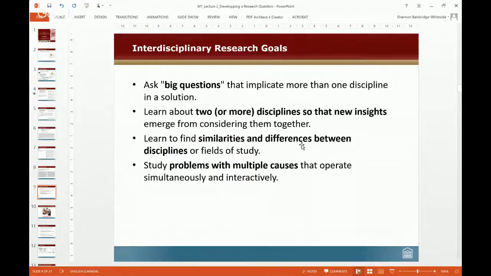So interdisciplinary research has lots of goals. If it's done right, it can be highly successful. That's because it allows researchers to ask big questions, questions that really span more than one discipline. I went to school, got my master's, got my PhD, did a couple postdocs, got highly specialized in what I do.